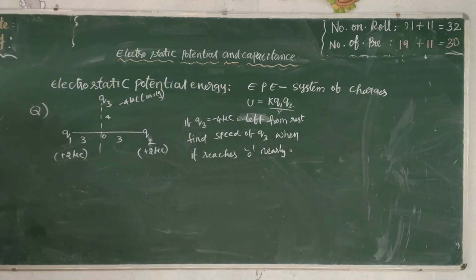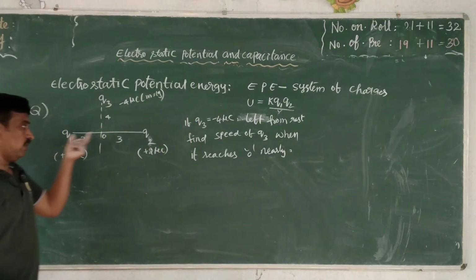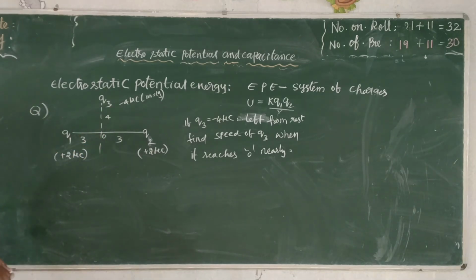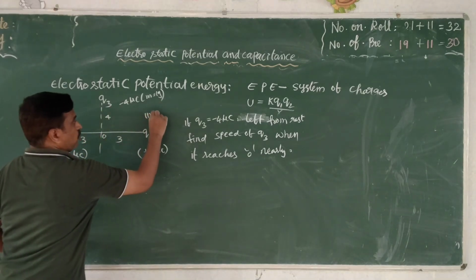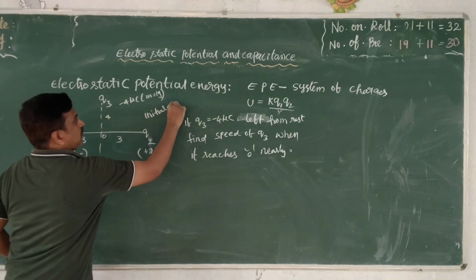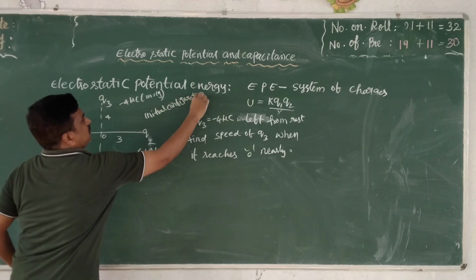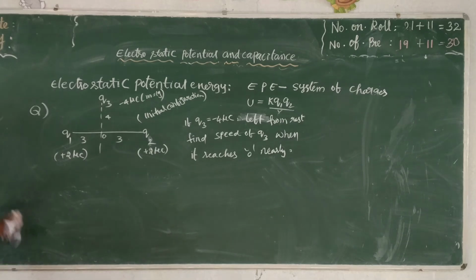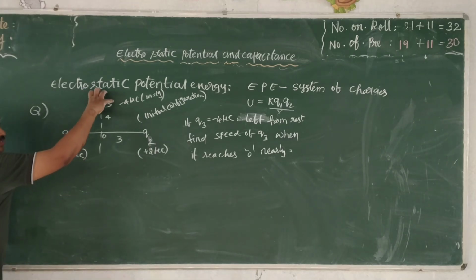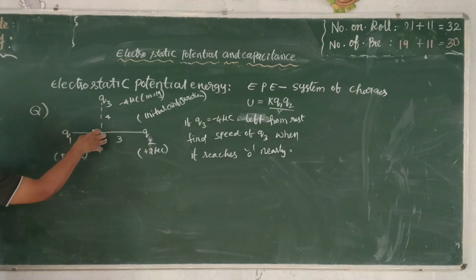Q1, Q2, Q3 are arranged in a system. This is the initial configuration, the given configuration, so it will change, since it is left from rest. It will move downwards.